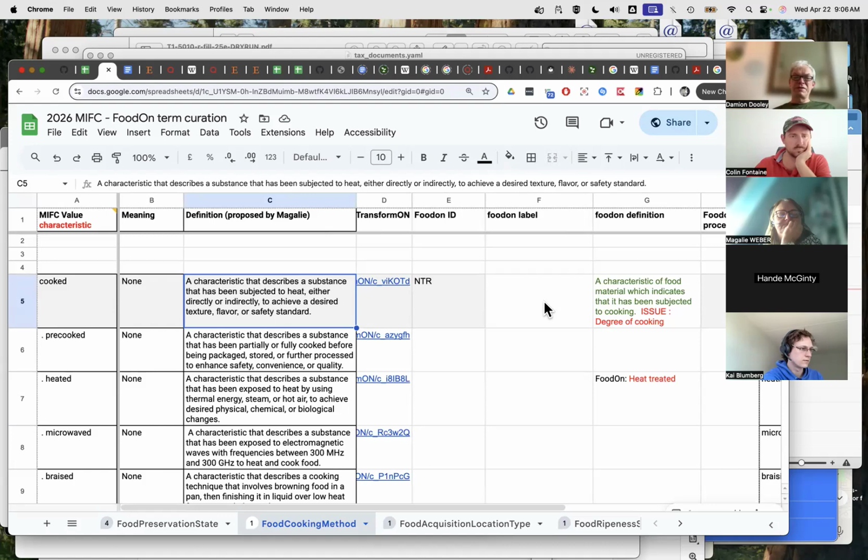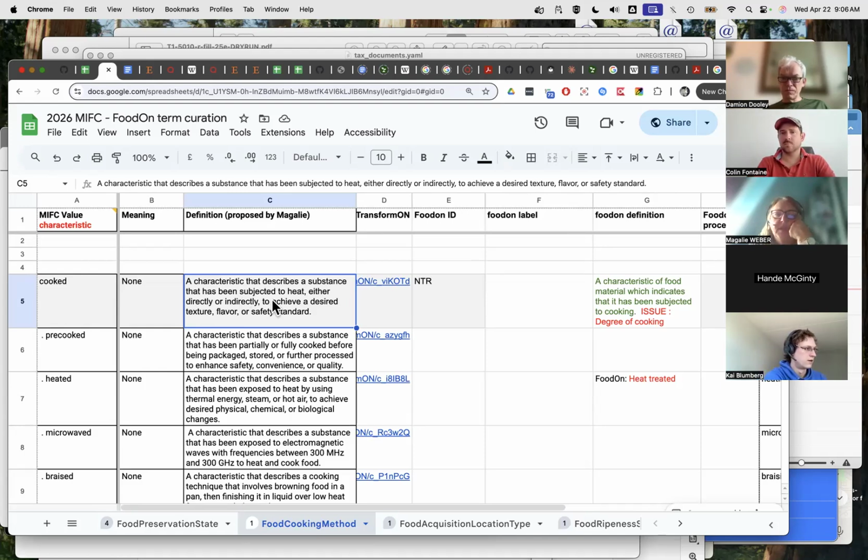Maybe, Magali, there's one other approach here, which is that in Transformon, you just use cooked as a process term rather than having the adjective. What are you thinking? I know FoodOn needs to have the adjective, the process. Yes, I would love to have also the adjective in Transformon, but it is not a process term.